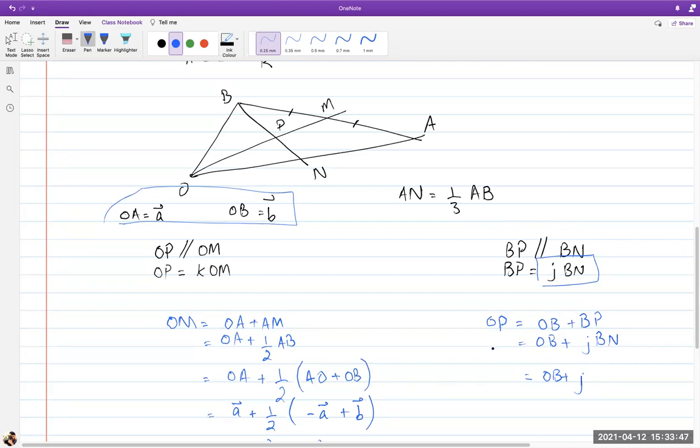Can I find BN in some way? Sir, you could do that. I can use this. I can say that going from A to N, क्या होगा? B से N आपने जाना है. Sir, आप AB तो आप plus 1/3 AB कर सकते हैं.